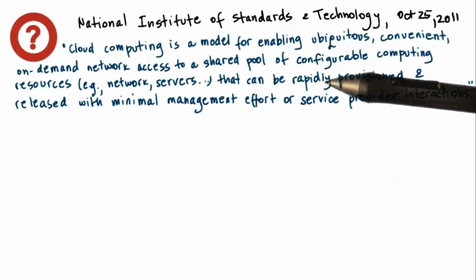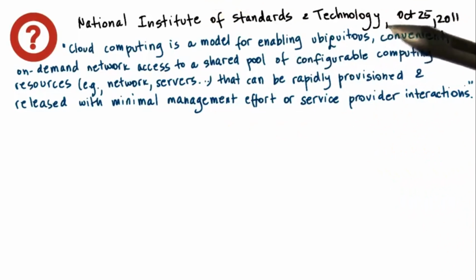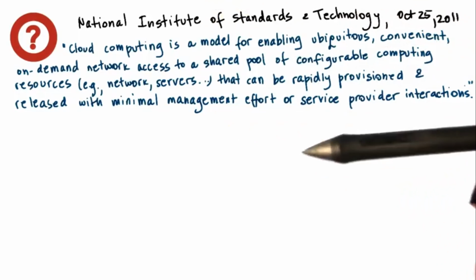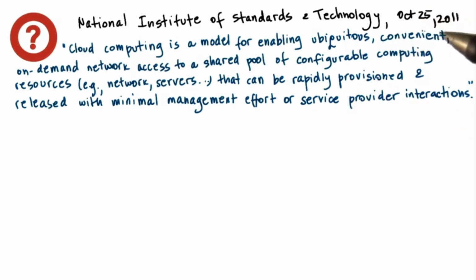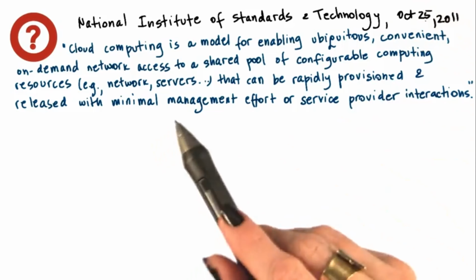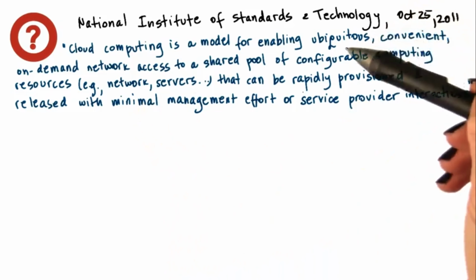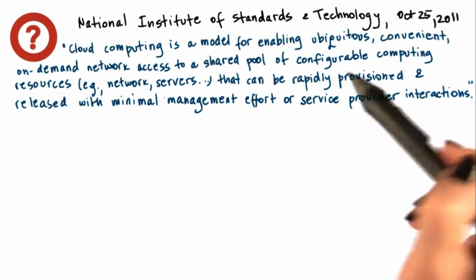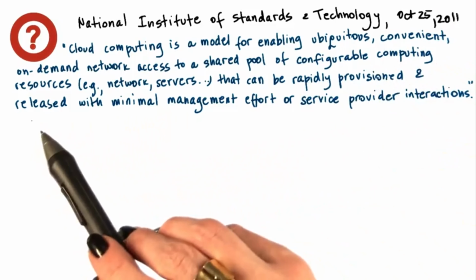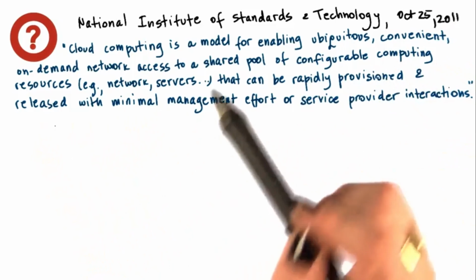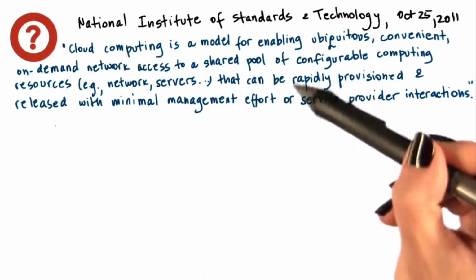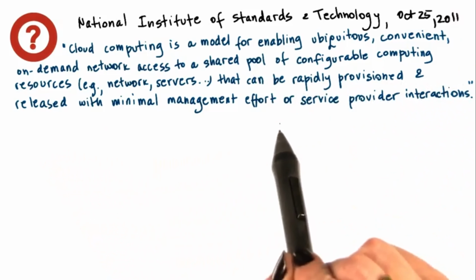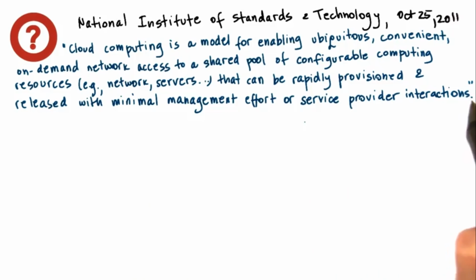Here is a short excerpt from the National Institute of Standards and Technology's document that defines cloud computing. This is a document that was published on October 25, 2011. "Cloud computing is a model for enabling ubiquitous, convenient, on-demand network access to a shared pool of configurable computing resources, including network, servers, services, that can be rapidly provisioned and released with minimal management effort or service provider interactions."